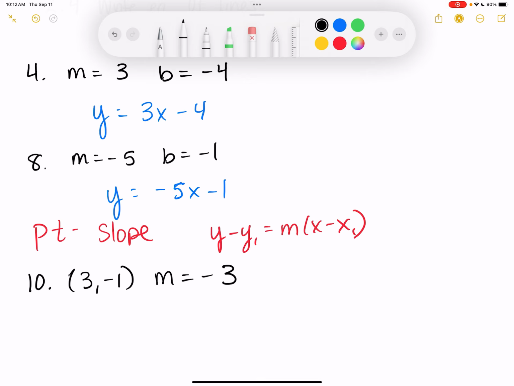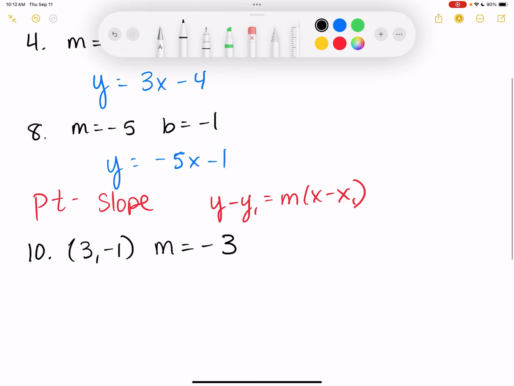But you would have to find the slope first, and then you could write the equation using either point. But this one, they give us the slope and a point, so I just need to plug it into the equation. Yep, they just want it in point-slope form. So this would be y minus a negative, so y + 1 = -3(x - 3).